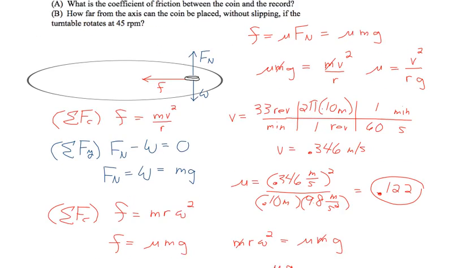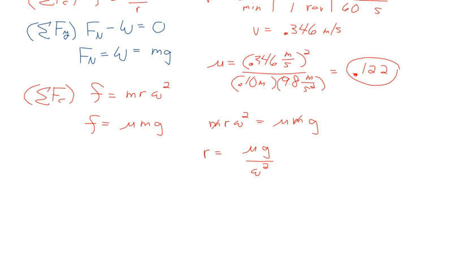So I'm going to take omega, and I'm going to write it as 45 revs per minute, and I'm going to convert it from revolutions to radians and from minutes to seconds. 1 minute is 60 seconds, and how many radians in a revolution? 2 pi.